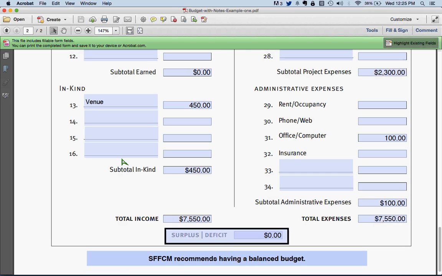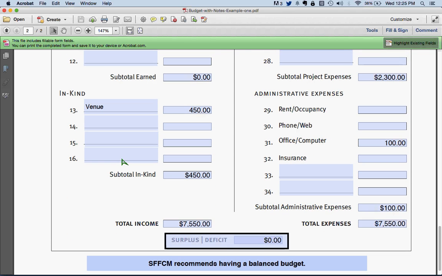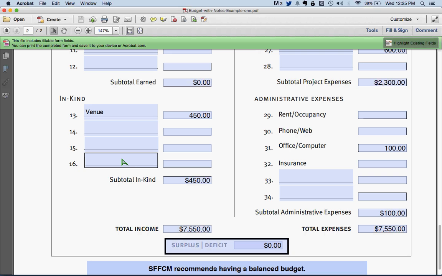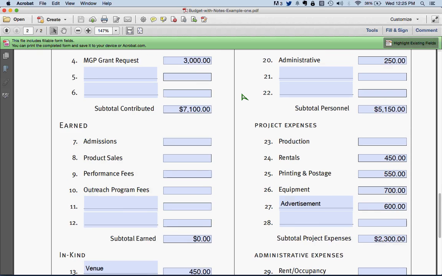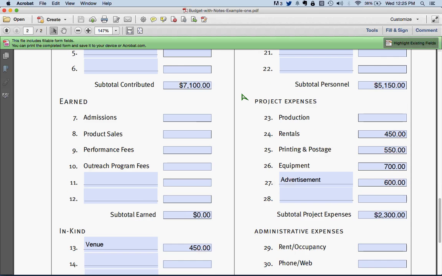Then you have here in kind, where you can see that they've listed a venue, and their estimated dollar amount for that venue, $450. And if you look over here on the expense side, on project expenses, you'll see rentals, and that is their venue rental for $450.